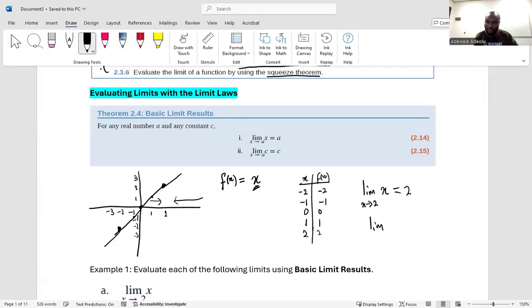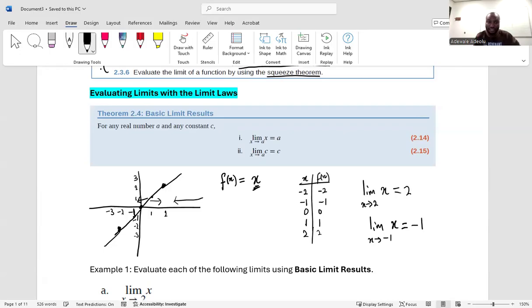If I change that to the limit as x goes to, let's say, -1 of that function x, let us go to when x is -1. As you are moving from the left towards -1, our y value is getting to -1. As you are moving from the right towards -1, our y value is also getting to -1.